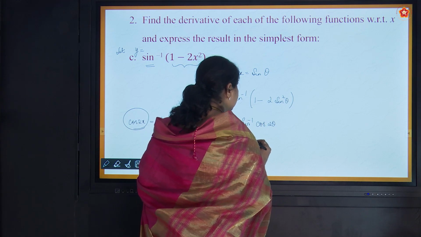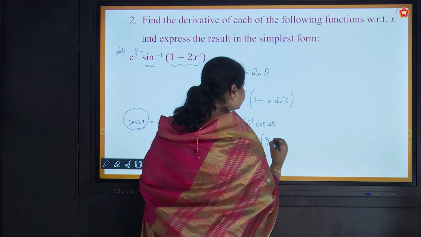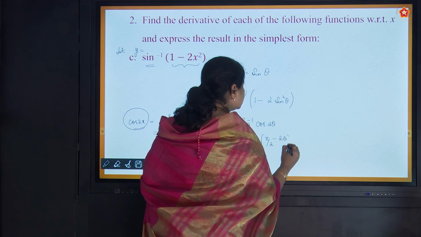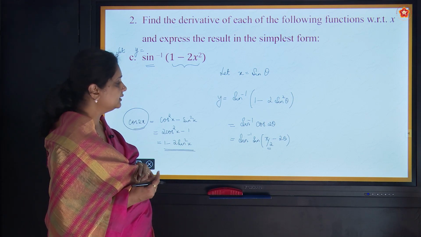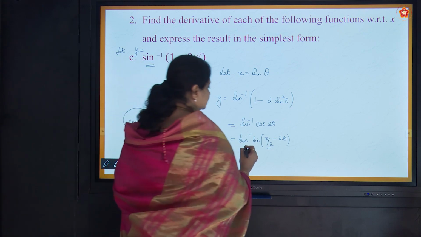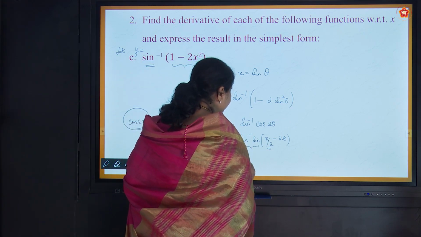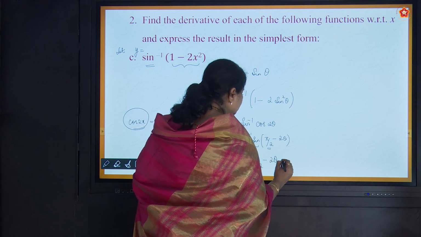So I can write it as sine of (90, which is nothing but pi by 2) minus 2 theta. Pi by 2 is 90 in terms of its radian. Sine of 90 minus theta is cos theta. Now these two will get nullified and I will be left with pi by 2 minus 2 theta.